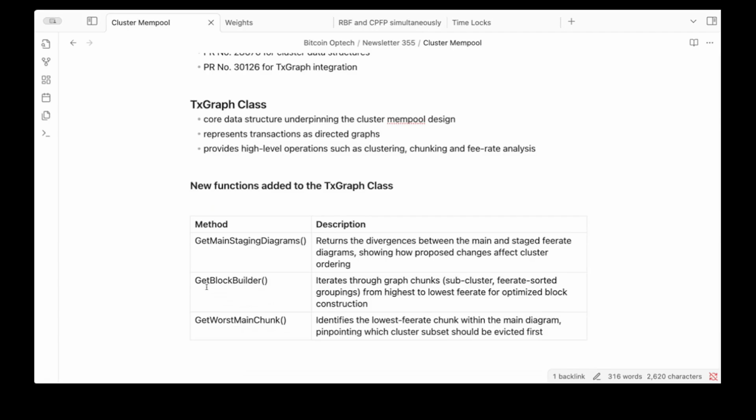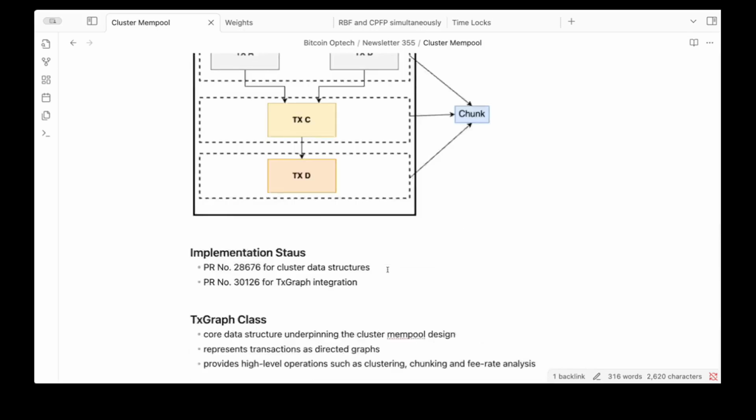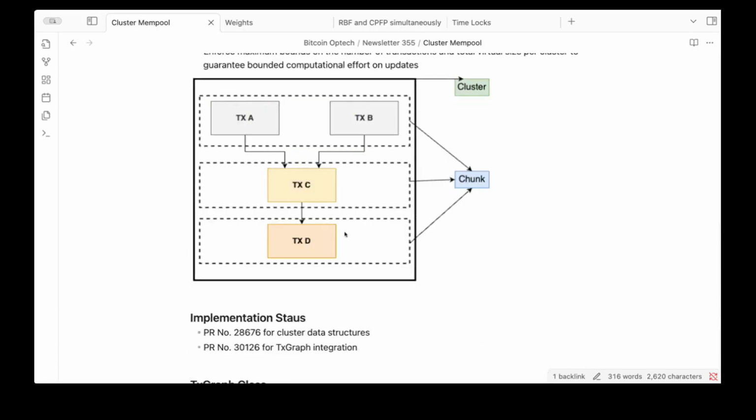Then you have get worst main chunk. It identifies the low fee rate chunk within the main diagram, pinpointing which cluster subset should be evicted first. For example, if this particular chunk is the one that is paying the lowest fee rate, and if you evict this, the fee rate of the entire cluster would improve.